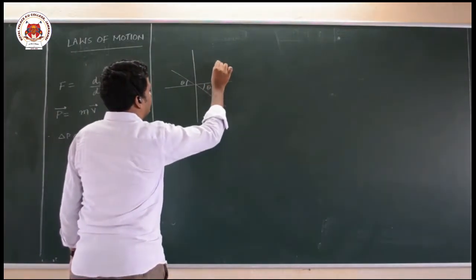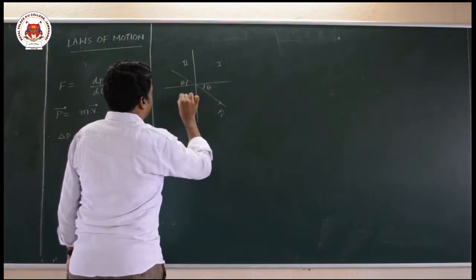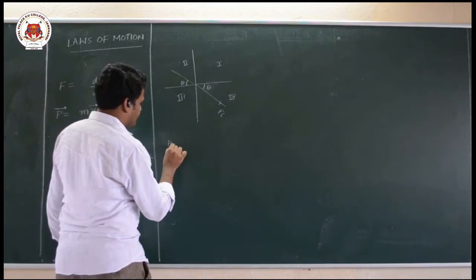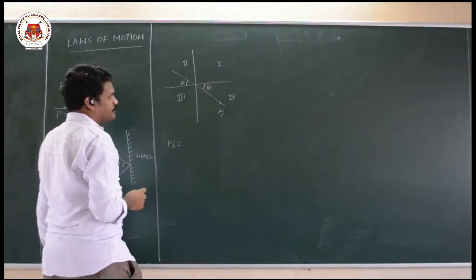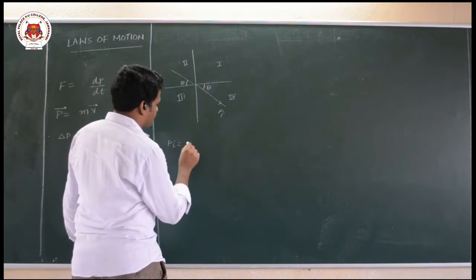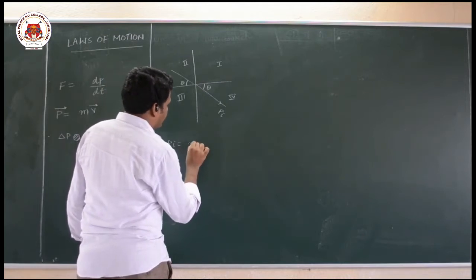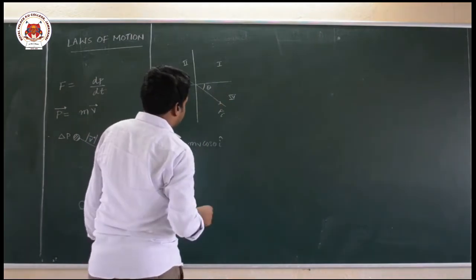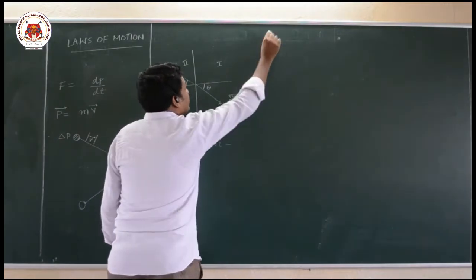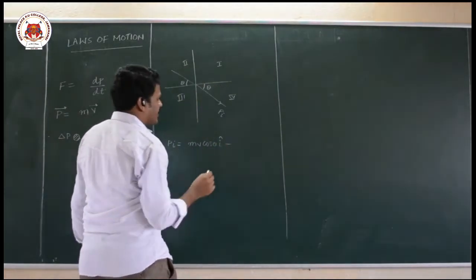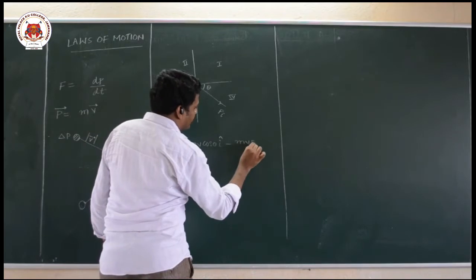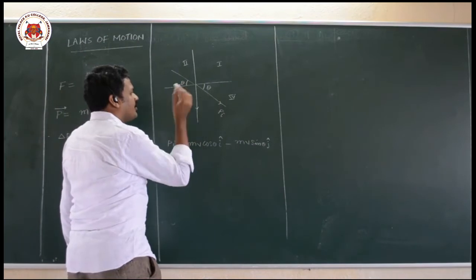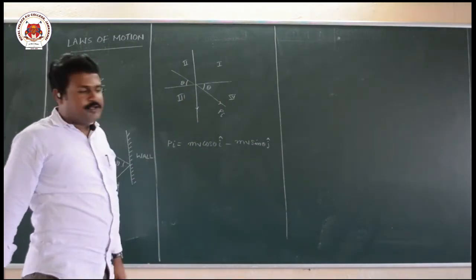This is in the 4th quadrant. So P initial is equal to mv cos theta i cap along the x axis, which is positive, minus mv sin theta j cap, because in the 4th quadrant the y component is negative.